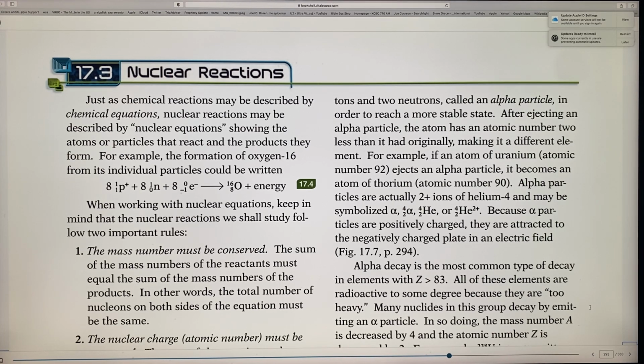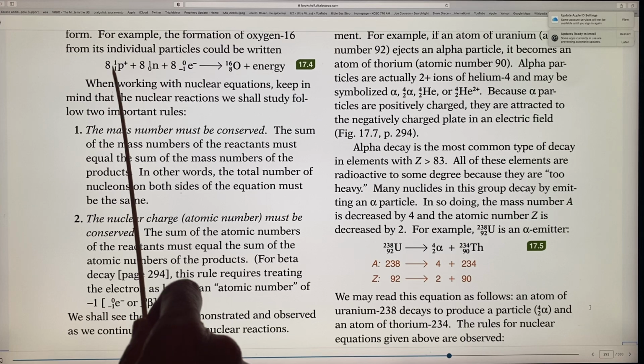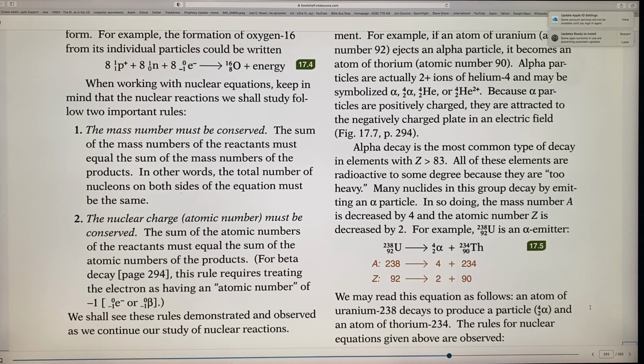You have to keep in mind that nuclear reactions follow 2 important rules. And what are these rules? We have to know them, and they come from the conservation of energy and mass. The mass number must be conserved. The sum of the mass numbers must be equal on both sides of the equation, so the mass is always going to be conserved.